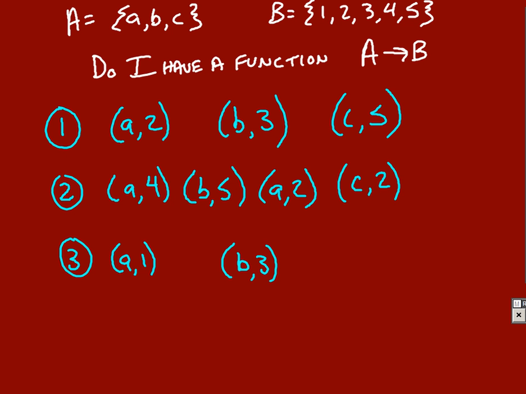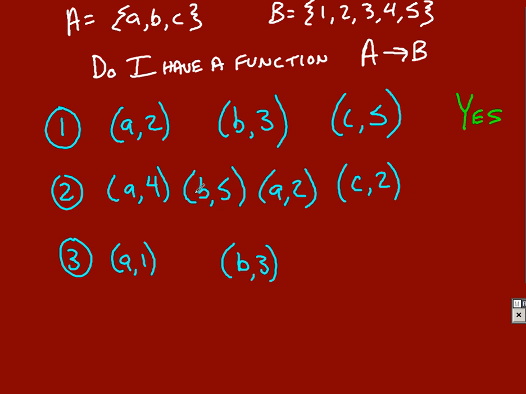Alright, now another way we can look at these is with set notation. So we're going from A to B as a function. A being mapped to B is what this means. Again, the question is, do we have functions here? We look at it the same way. All 3 elements of my domain are being sent somewhere. They're not being sent to multiple places. So yes, this is a function.